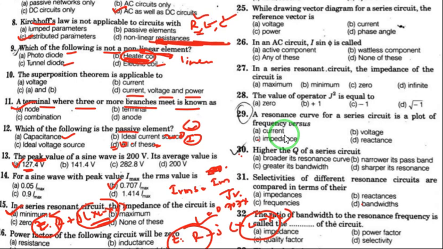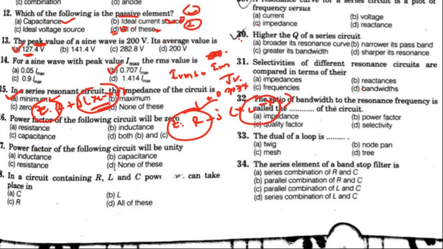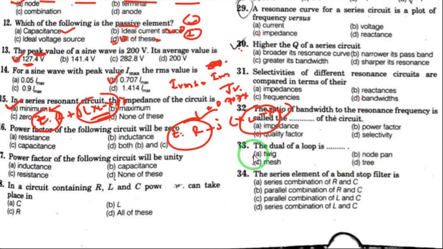Next one, 16th question. The power factor of the following circuit will be unity. In which case is the power factor unity? In case of resistance only, power factor is unity.